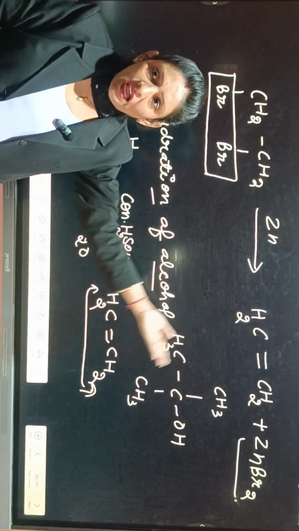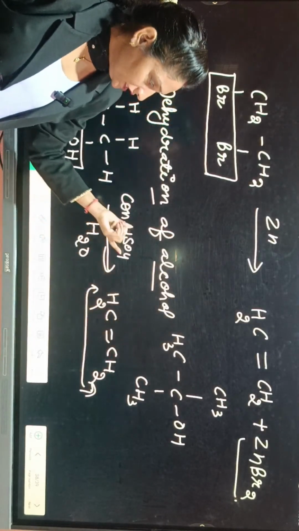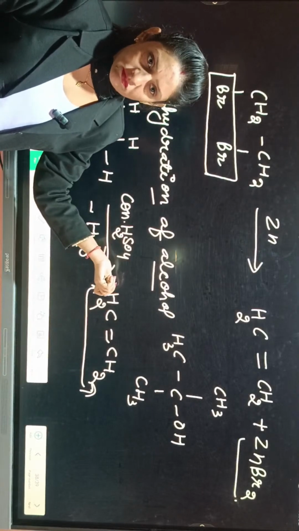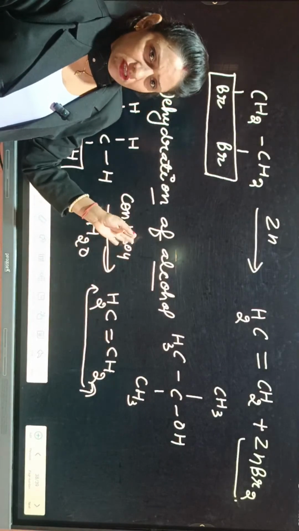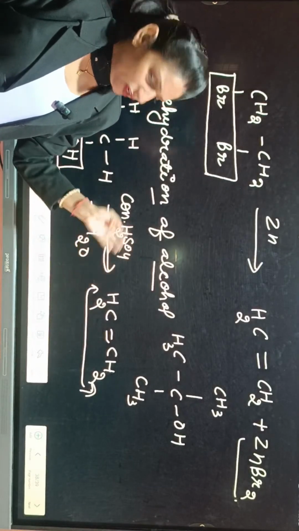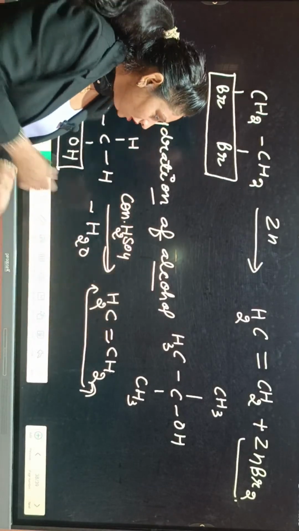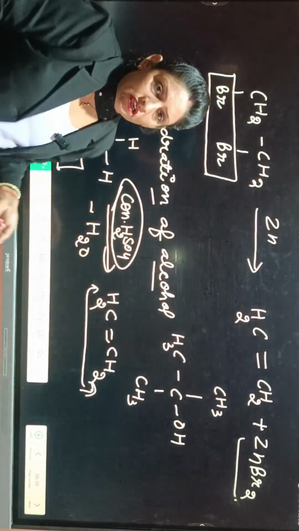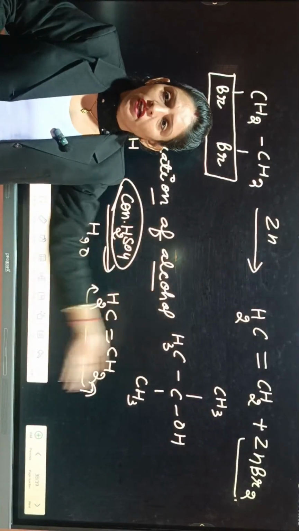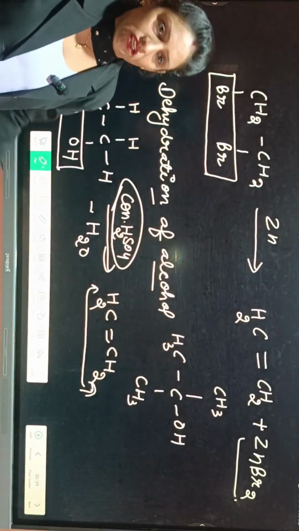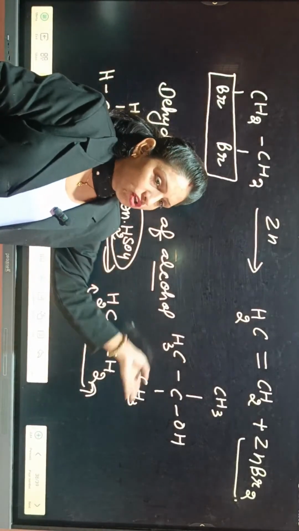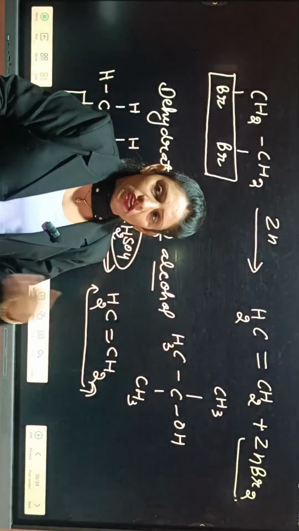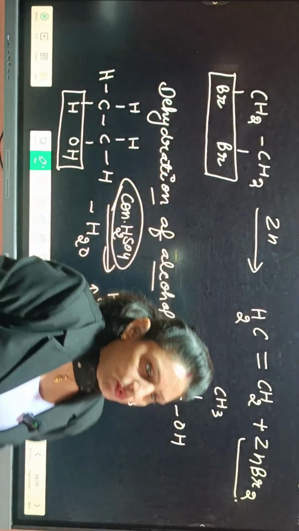If secondary, then around 50-60% or up to 80% H2SO4. Means we need not take fully concentrated. In case of secondary and tertiary, reactivity increases. Tertiary can be dehydrated more easily as compared to secondary, and secondary more easily as compared to primary.